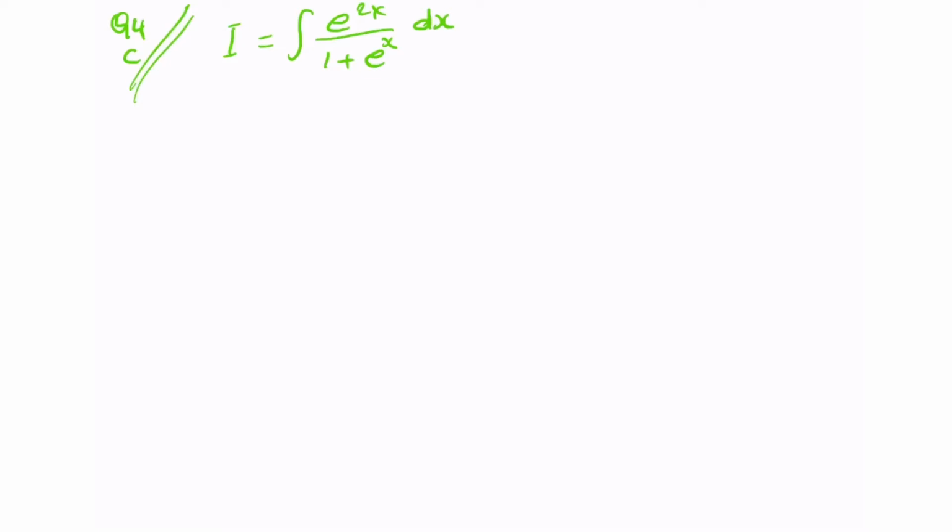So you should think of writing this integral as e to the power 2x multiplied by 1 plus e to the power x, to the power minus 1, because it was at the denominator, at the bottom of the fraction.